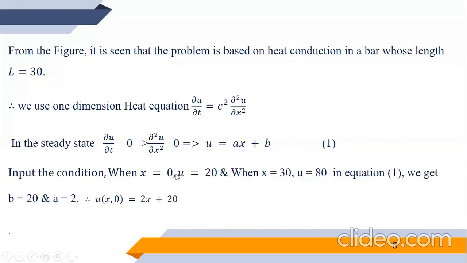So when X is equal to 0, U equal to 20, we get B is equal to 20. And then we input X is equal to 30, U is equal to 80, and we input the value of B is equal to 20, we get A equal to 2. So therefore, the initial condition U(x,0) is equal to 2x plus 20.